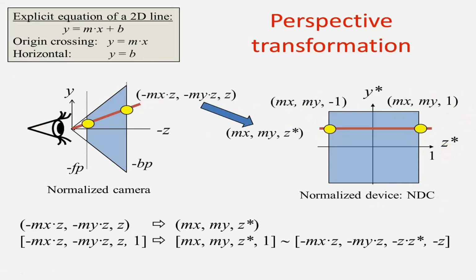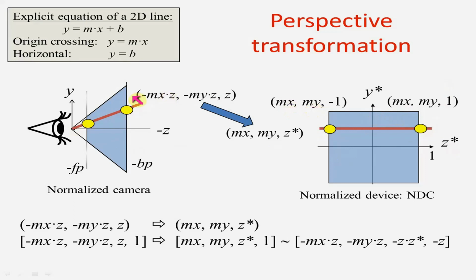In normalized camera space, the slopes are between -1 and 1. We expect this line to be parallel with axis z star after the transformation, so its x and y coordinates should be independent of z. As x and y must also be in the interval of -1 and 1, for the transformed line x star is just mx, and the y star is just my, and z star is a free parameter.